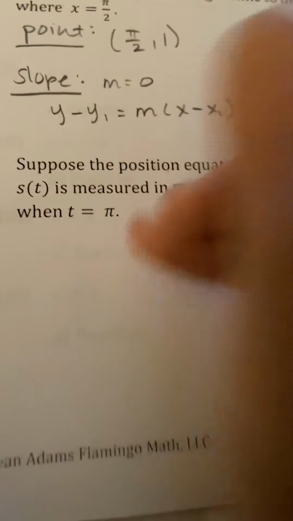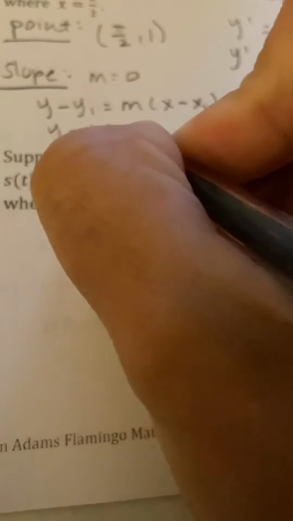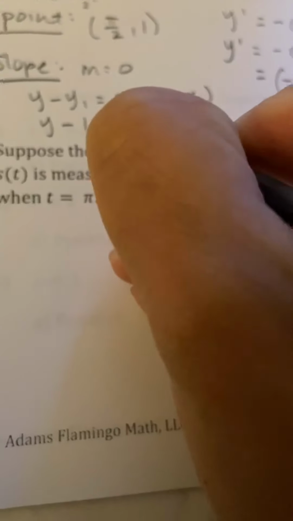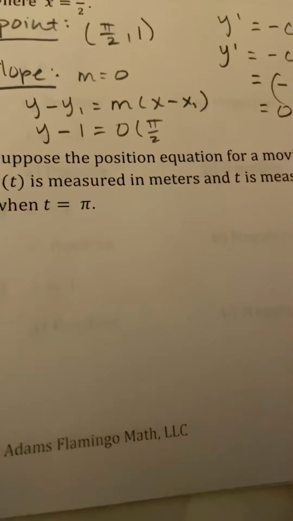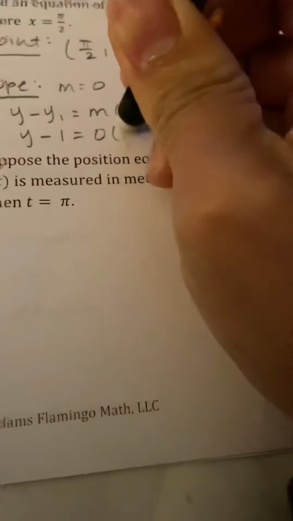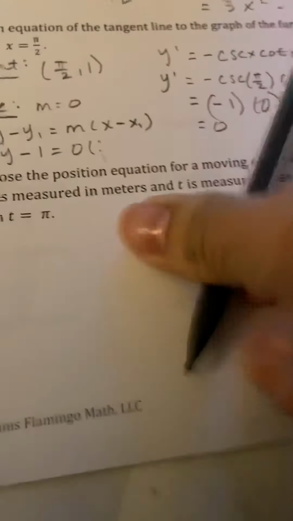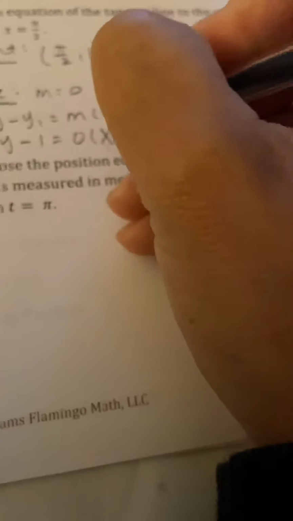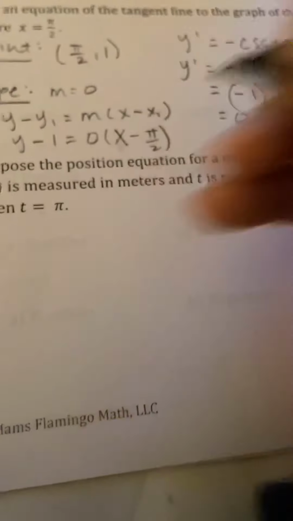So if I plug into my point slope form, which is this guy right here, we get y minus y1, which is 1, equals m, well, m is 0, times x minus pi over 2, there you go.